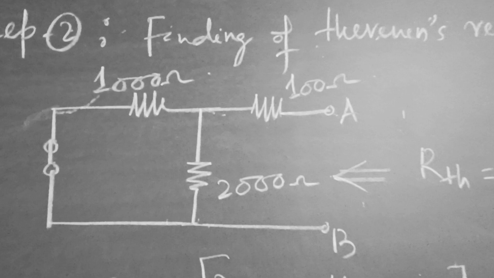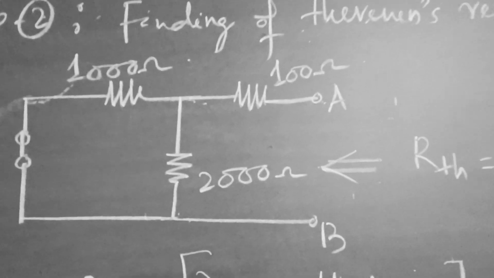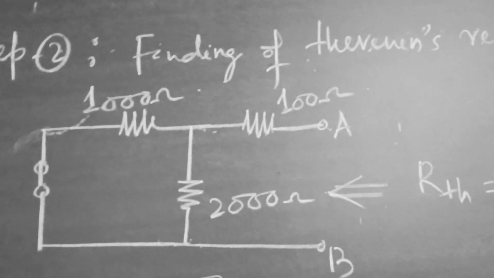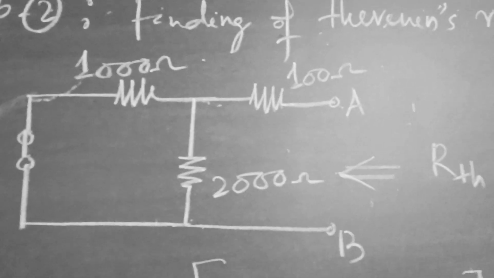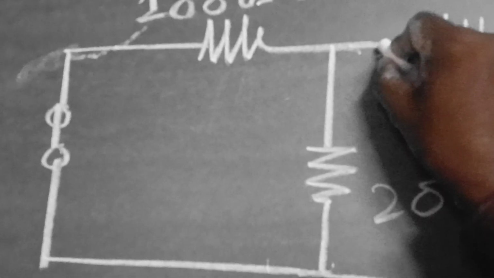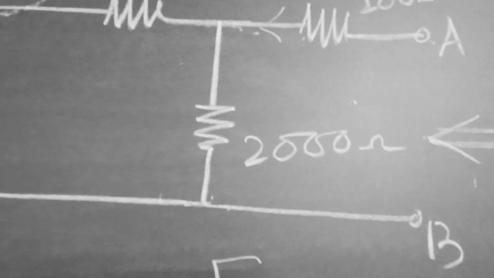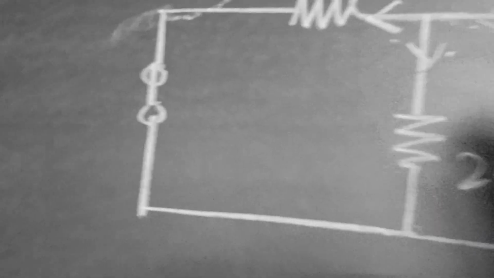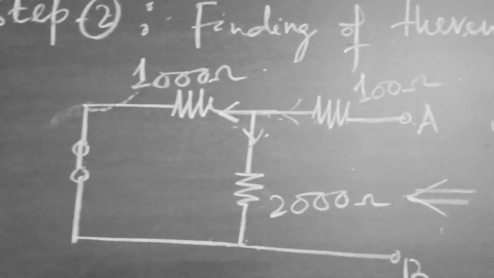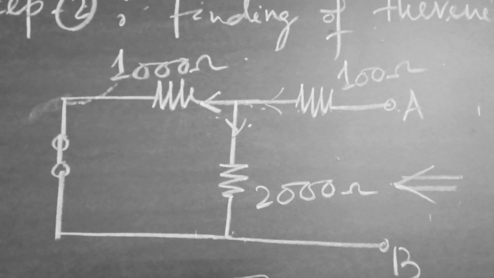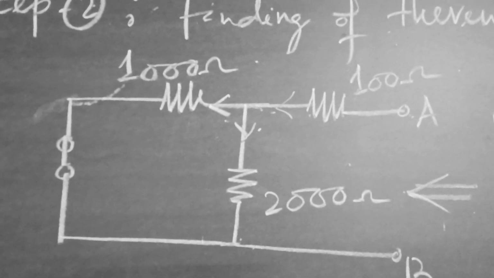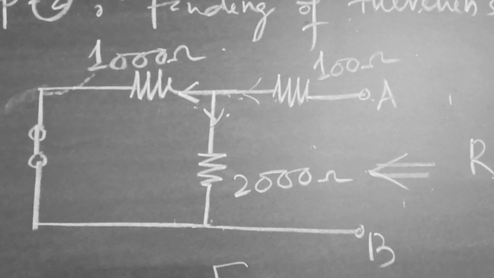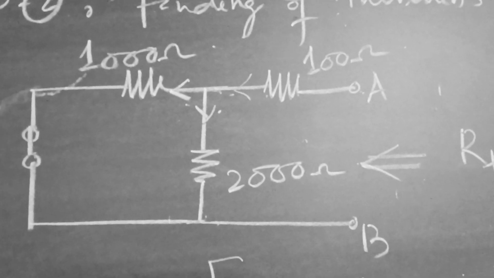In this case, to find the Thevenin resistance, assume a voltage source across AB. Due to the voltage source, let current flow like this, some current through this and some through this. Now the 2000 ohm and 1000 ohm are connected in parallel, and their parallel combination is in series with 100 ohm.